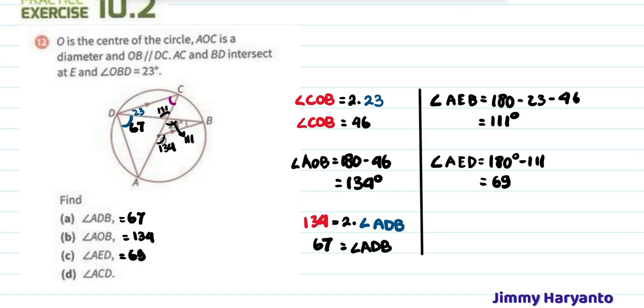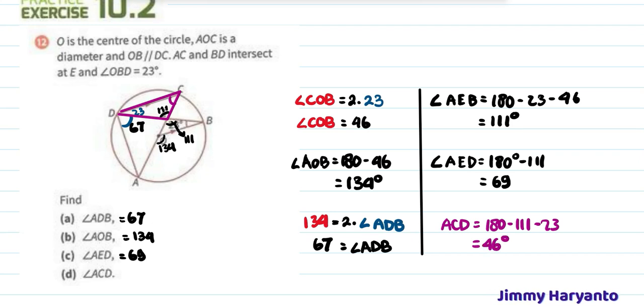And then to find this one, you only have to use the triangle. So for the last one, ACD equals 180 minus 111 minus 23, which is 46 degrees. Okay, that is 12.